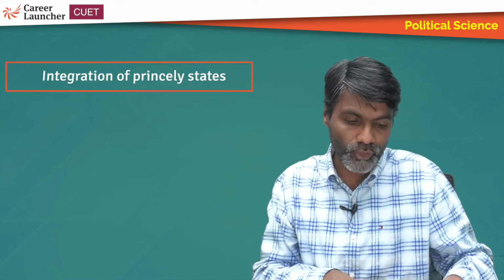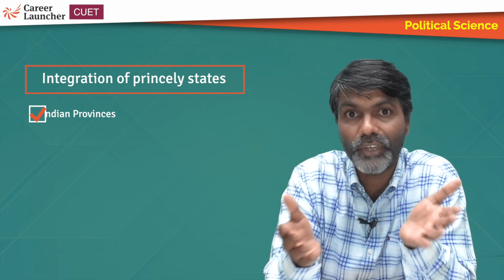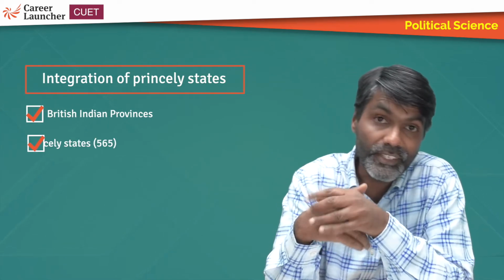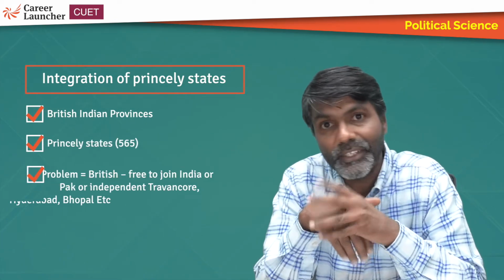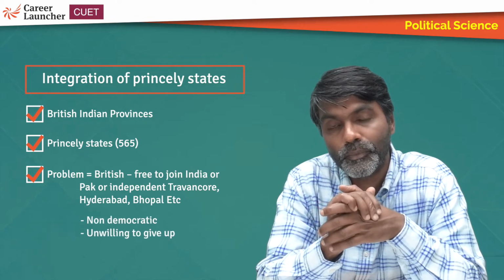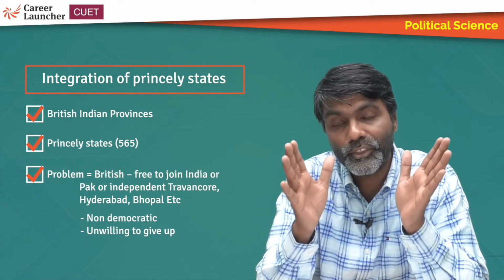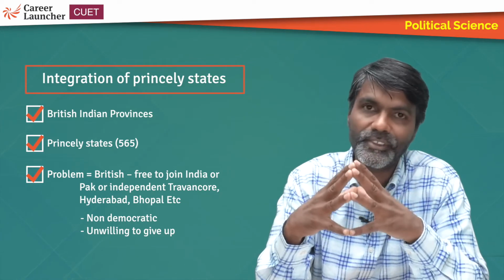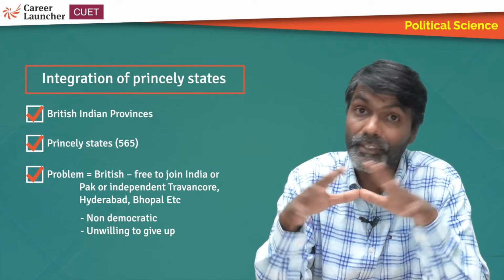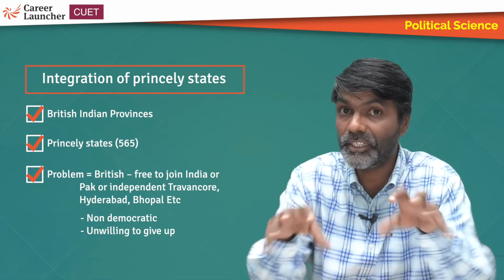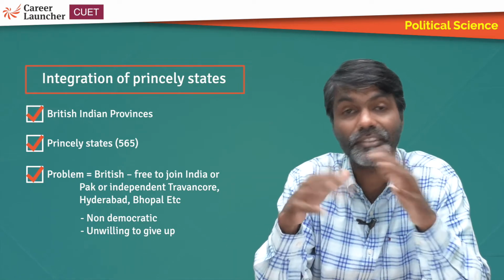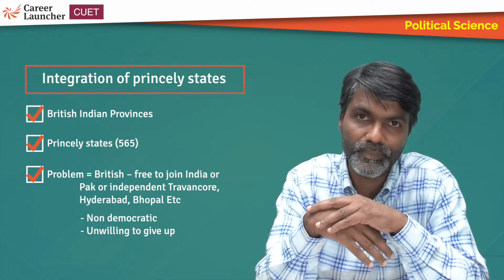Let's move forward. The next part of the challenge that India was facing was very interesting, very fascinating. The number of princely states at that time, which were governed by various kings and princes, was 565 in India.